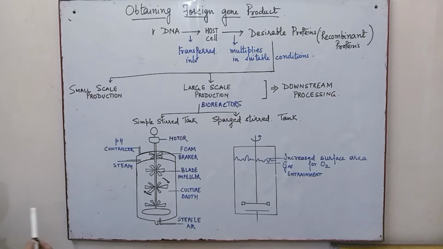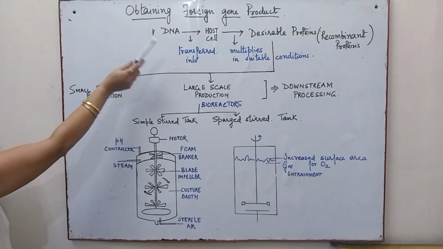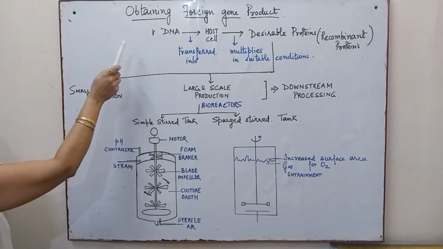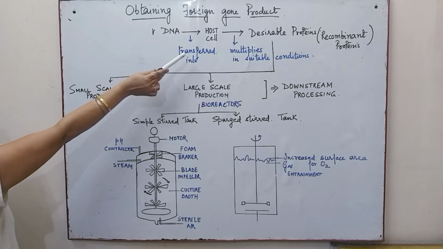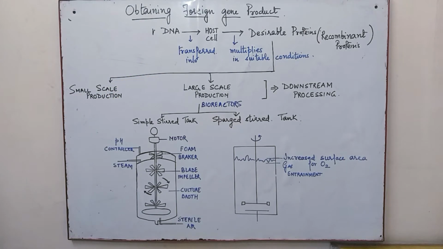Now basically we have studied that rDNA is transferred into the host cell, where it multiplies in suitable conditions to produce the desirable proteins. Now these desirable proteins are known as recombinant proteins.